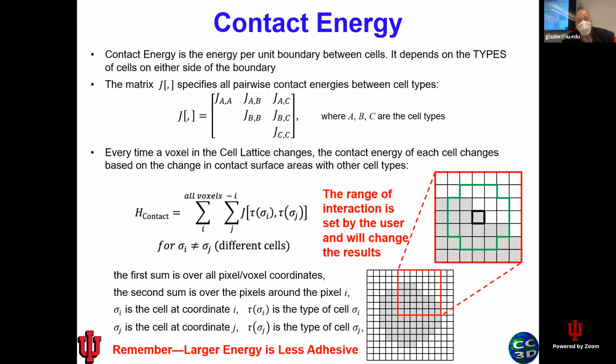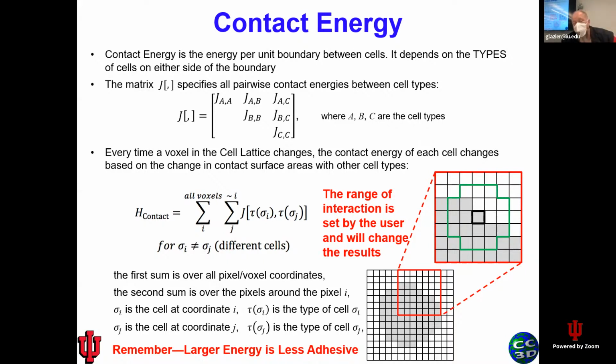Now, if I only have one cell type, there are only two contact energies that matter, the energy between cell and medium. If I have additional kinds of cells, then I'll have additional pairs. So if I have, say, 3 cell types, I'd have energy between cell 1 and cell 1, cell 1 and cell 2, cell 1 and cell 3, and cell 1 and medium. Cell 2 and cell 1, and so on.